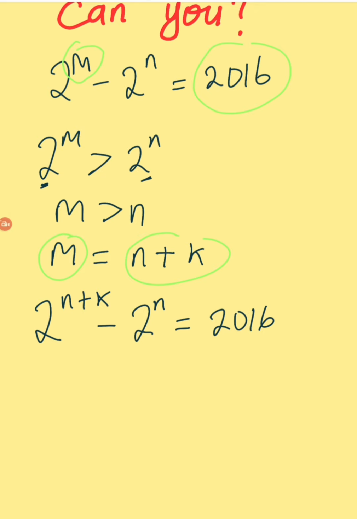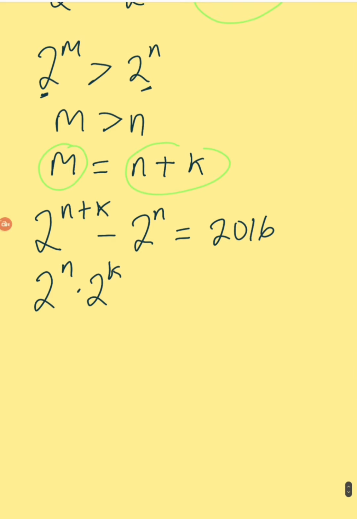This can be written as 2 to the power of n multiplied by 2 to the power of k from the laws of indices, because you add their powers since it is multiplication. Minus 2 power n is equal to 2016.